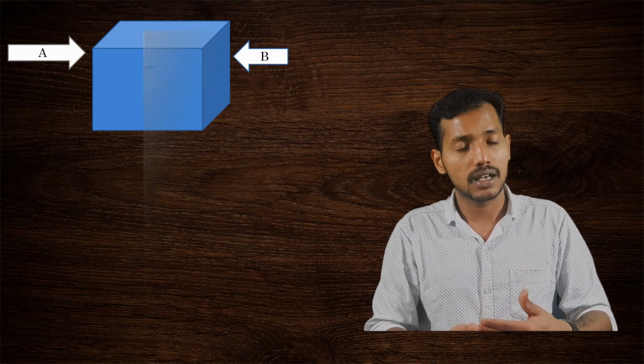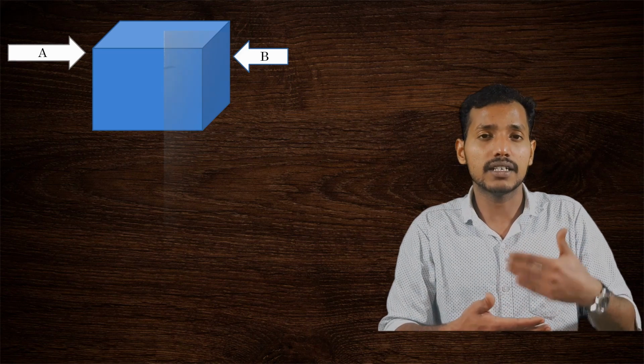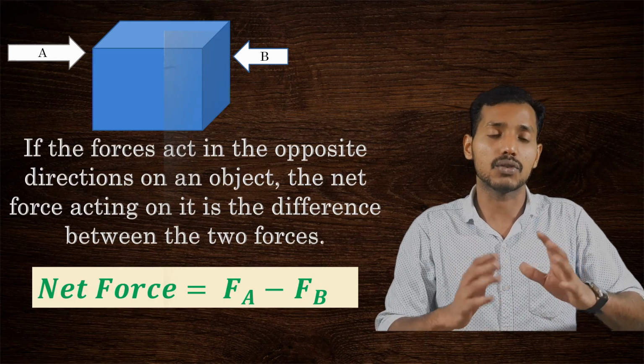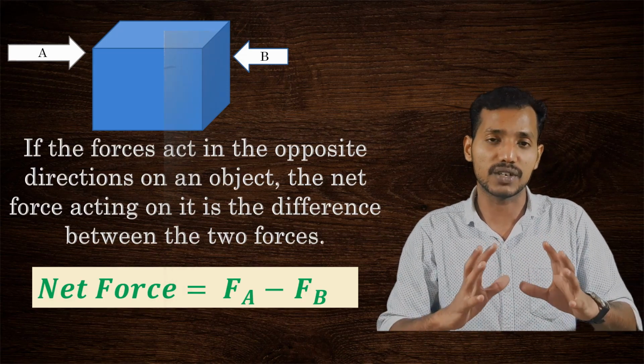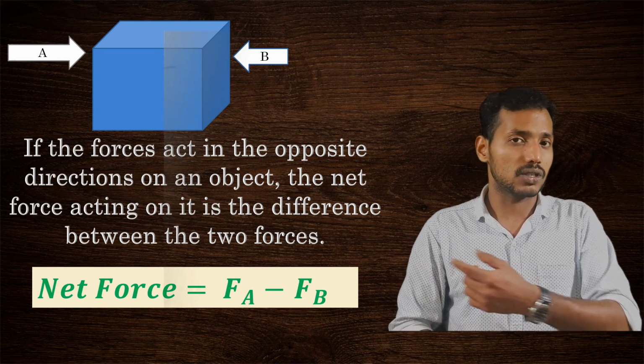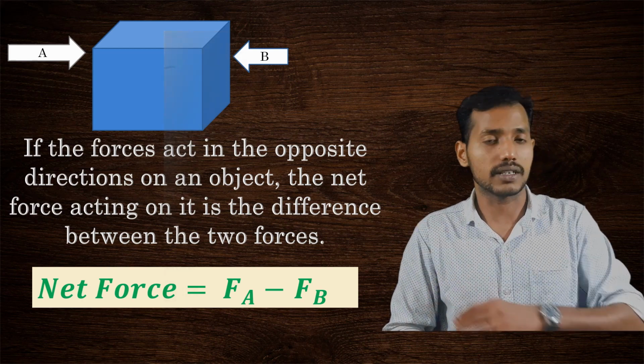So if two forces are applied in different directions, then the net force acting on the object is the difference between the forces. Here you can see the same persons A and B applying two forces from opposite directions.